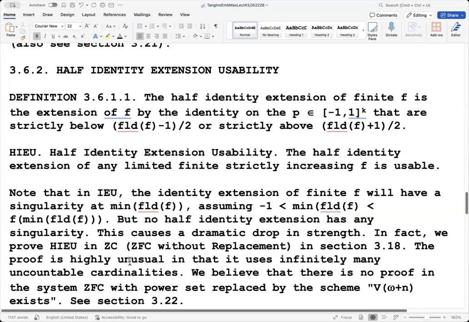Because it's all zero here, and then all of a sudden at the min of the field of F, it jumps. There's a singularity. That singularity is large cardinals.